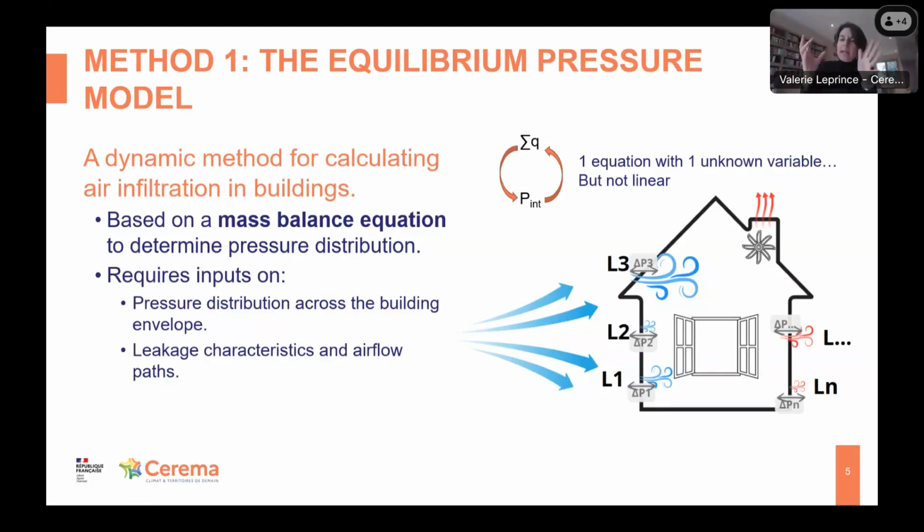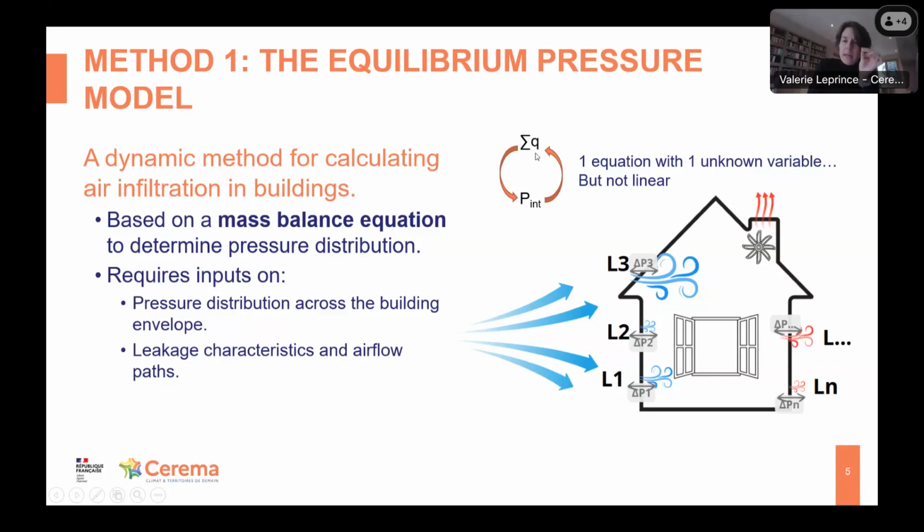So basically, it needs to be at equilibrium. You need to know, for every opening in the envelope, what the flow rate through this opening is. But this flow rate will depend on the characteristics of the opening, and also on the pressure indoor and outdoor.